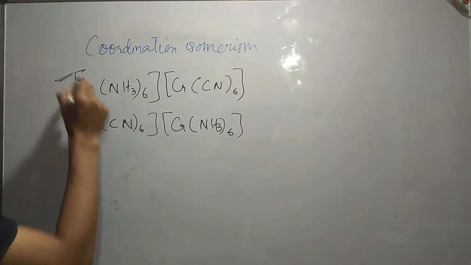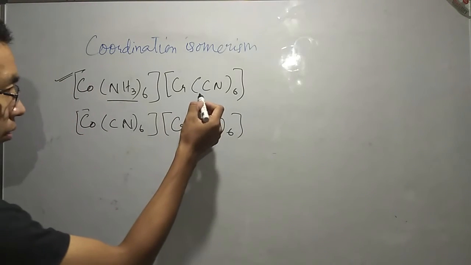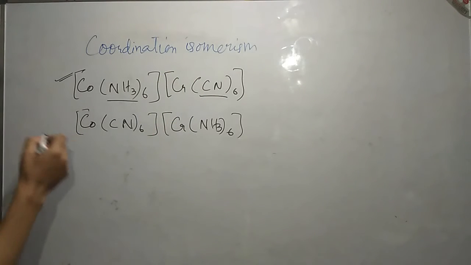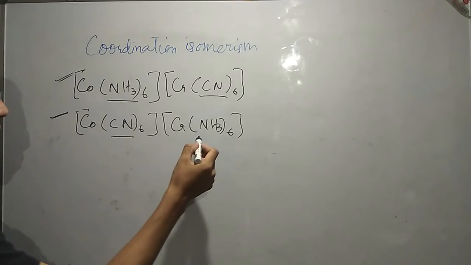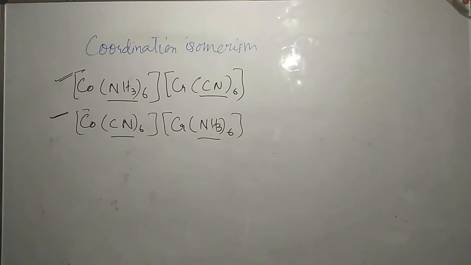In the first example, NH3 is with Co, whereas CN is with Cr. But in the next example, CN is with Co and NH3 is with Cr, provided the molecular formula remains the same. So this type of isomers are called coordination isomers.